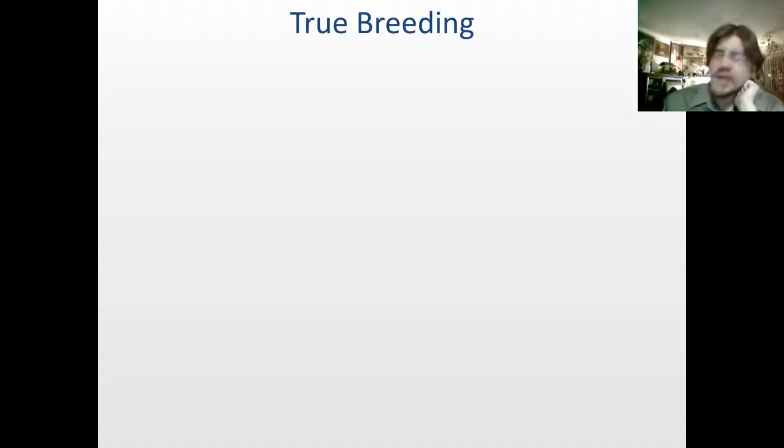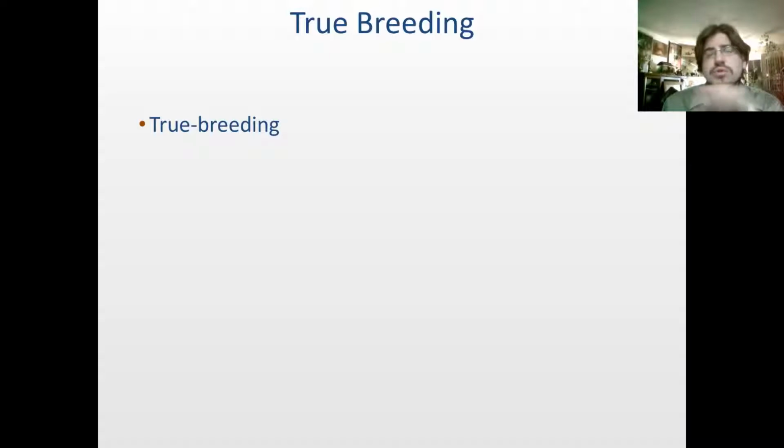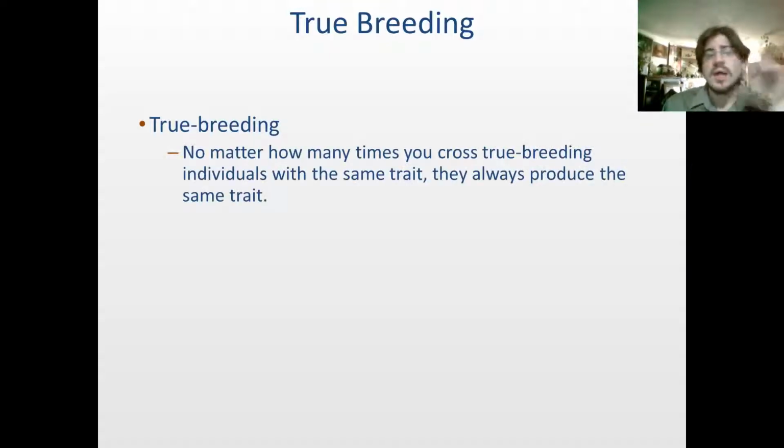All right. Now, next up is the concept of the true breeding organism. No matter how many times you cross true breeding individuals with the same trait, they always produce the same trait.